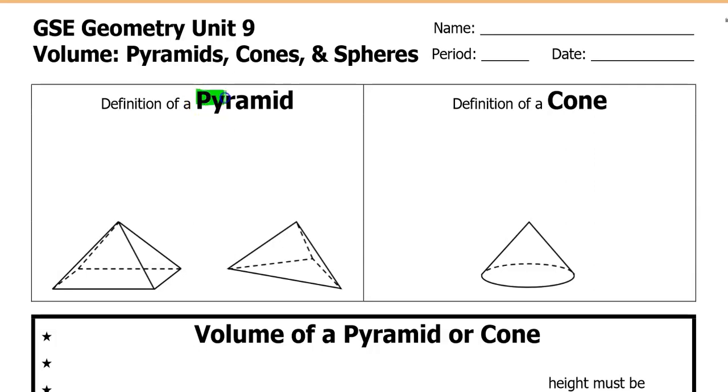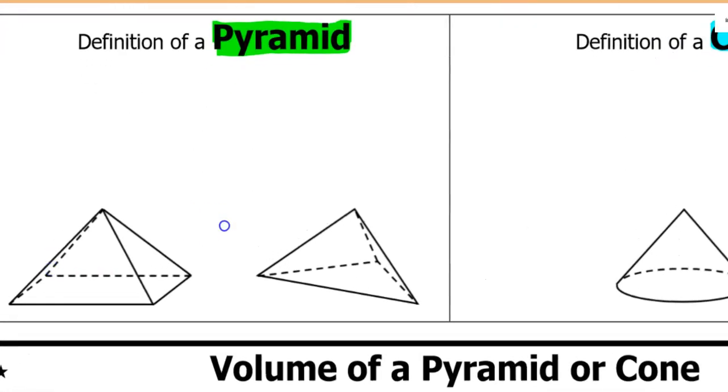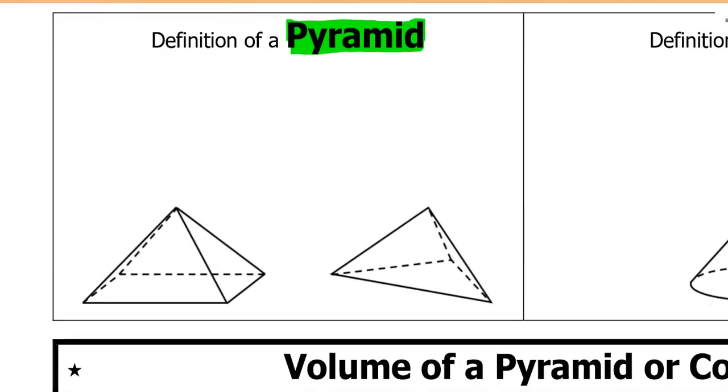So a pyramid, and we'll see in just a minute that a cone is pretty much like a pyramid in the same way a cylinder was pretty much like a prism. But first, let's define a pyramid. So instead of having two congruent parallel bases, like a prism does, a pyramid has just one base.